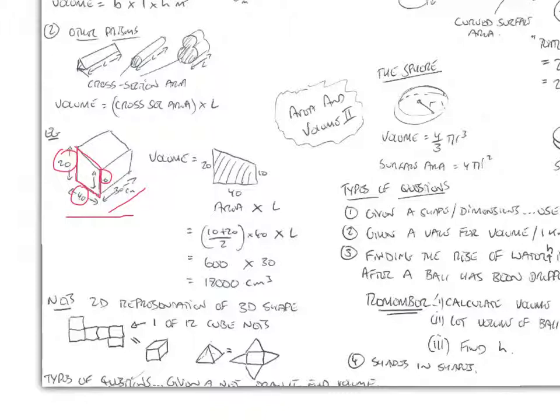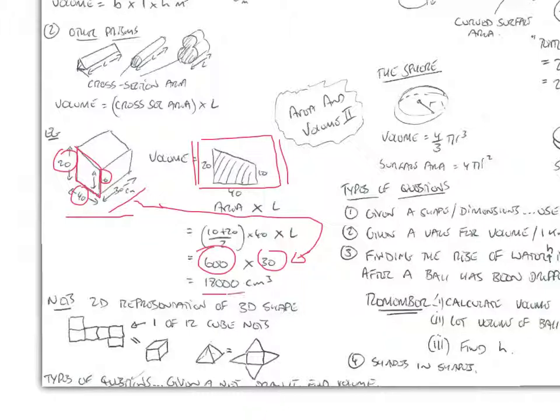So the way to find the volume of this shape would be to simply find the area of one end of the cross-sectional area using the formula for the trapezium, and that's equal to 600 centimeters squared, and to multiply that by L, which is the length of the prism. And so 30 times 600 gives us 18,000 centimeters cubed. So we just find the area of the face, and we multiply it by the length.